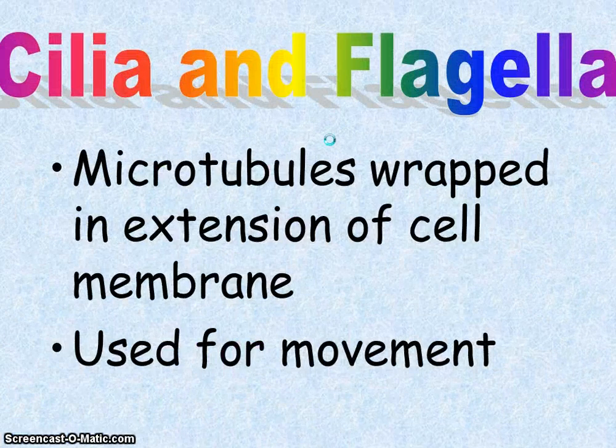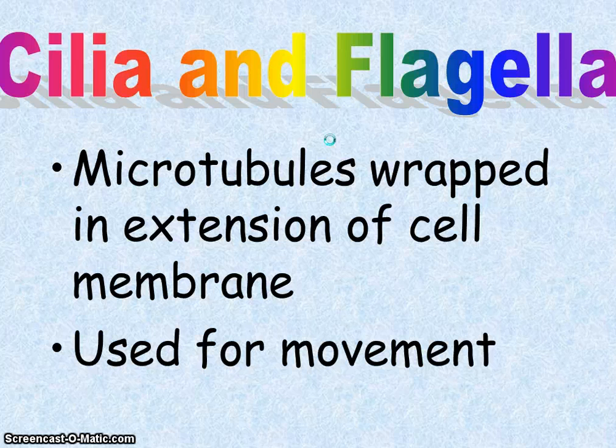We also have cilia and flagella. Pretty much, microtubules are wrapped around an extension of the cell membrane. They are going to allow the cell to move. Cilia are much smaller. They are short, hair-like organelles, and they typically occur in larger numbers and are densely packed together. So they will kind of act to propel the organism through water or such, and they kind of act like rowing.